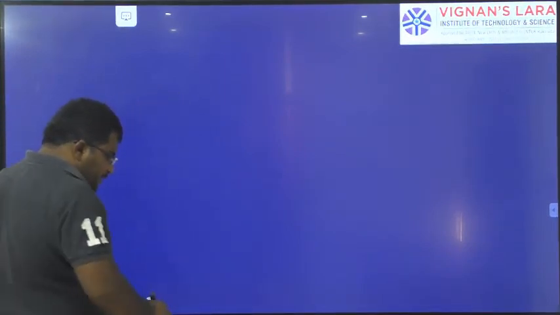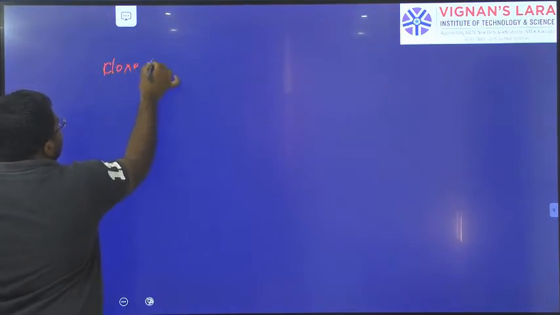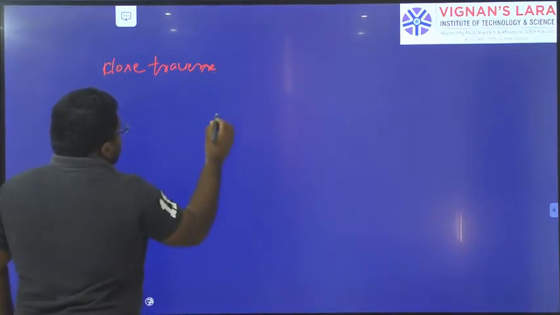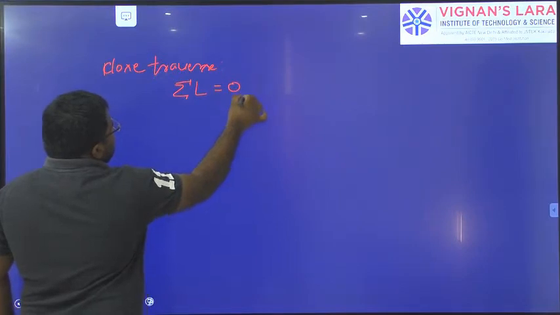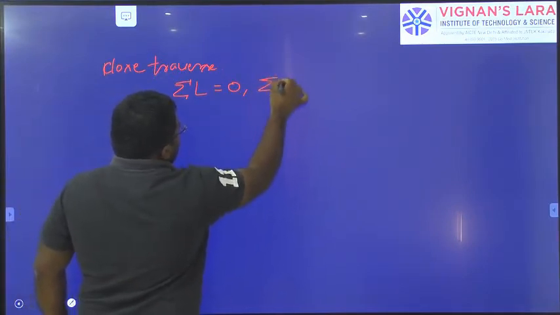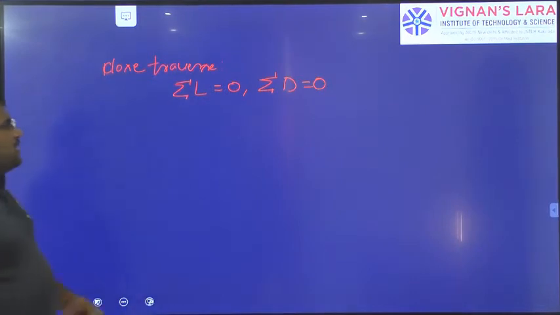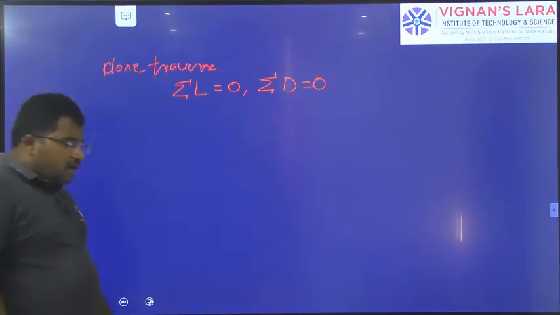For any closed traverse, the summation of all latitudes will be equal to 0, and the summation of all departures will be equal to 0. By using this principle we are going to calculate all values.